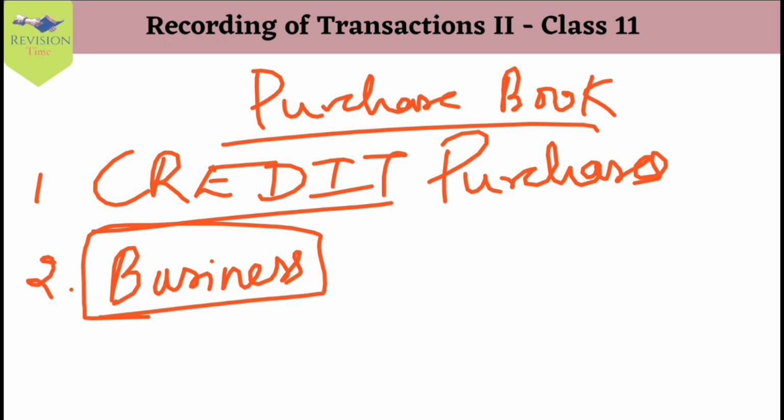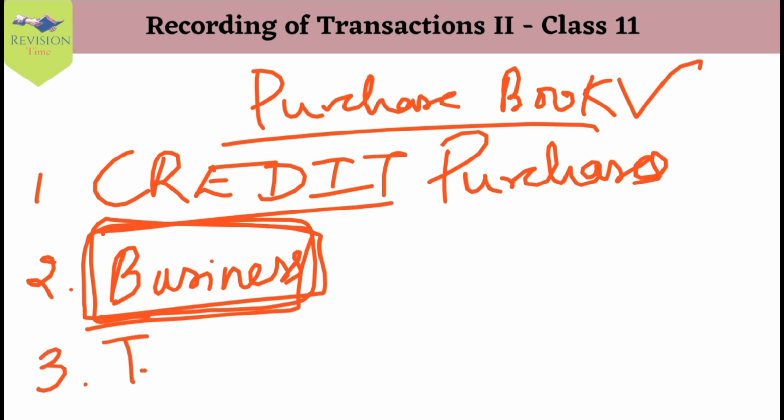All such items, which are assets of the business and not the main business activity, are not recorded, even if they are credit purchases, in our purchase book. Purchase book records only those credit purchases which are related to the main activity of the business.